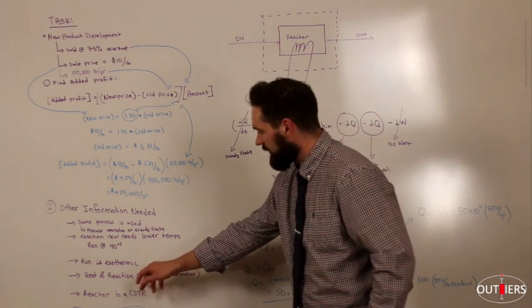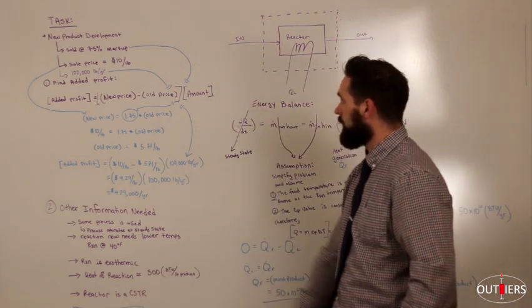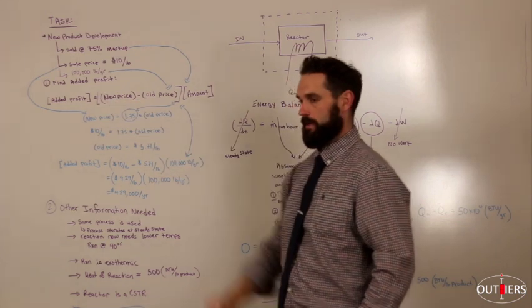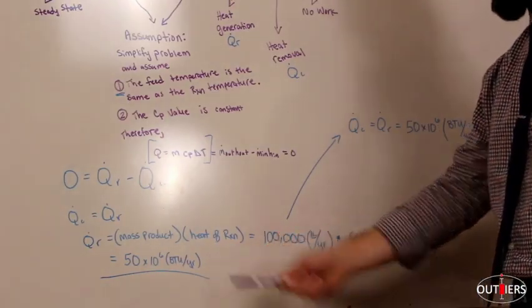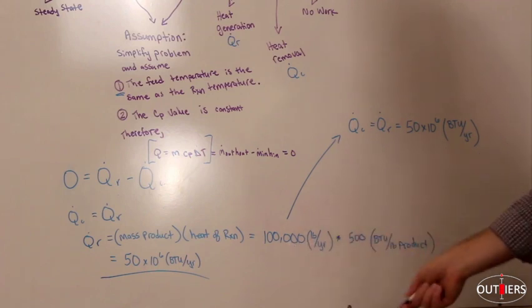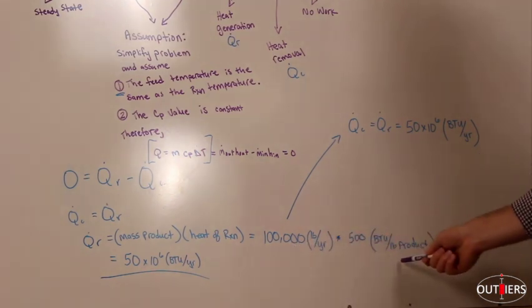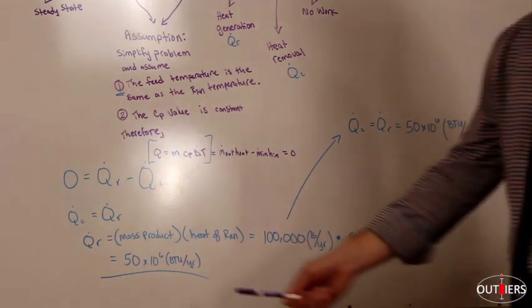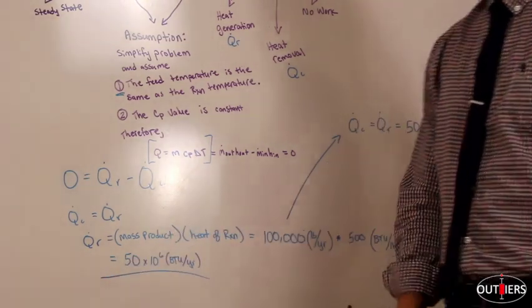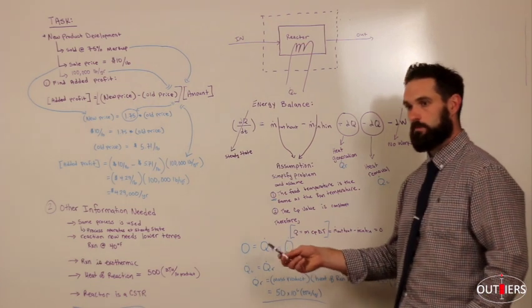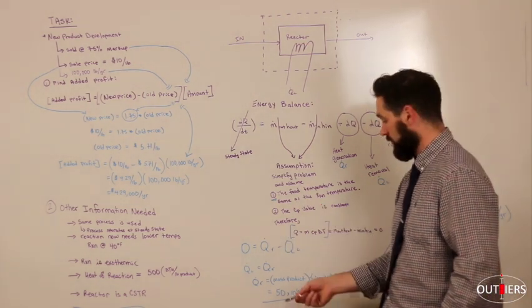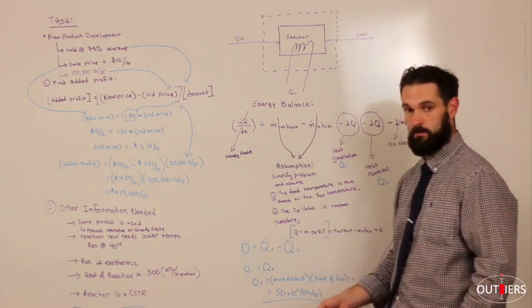We have the heat of reaction, and we know how much product we're trying to make. Mass of product times the heat of reaction, 100,000 pounds times 500 BTUs per pound of product, is roughly 50 million BTUs per year. That's how much heat we have to remove from this reactor, 50 million BTUs per year. Okay?